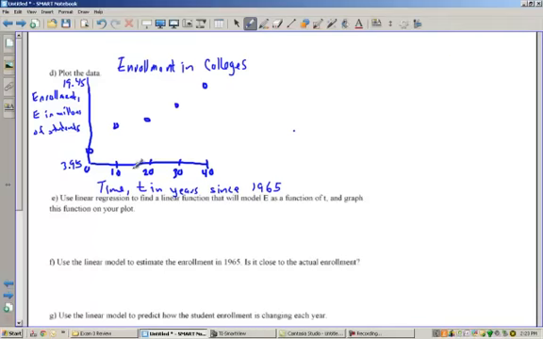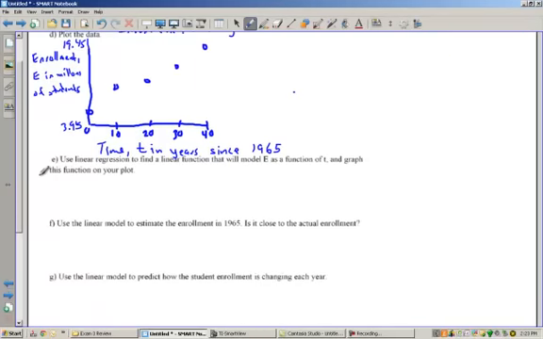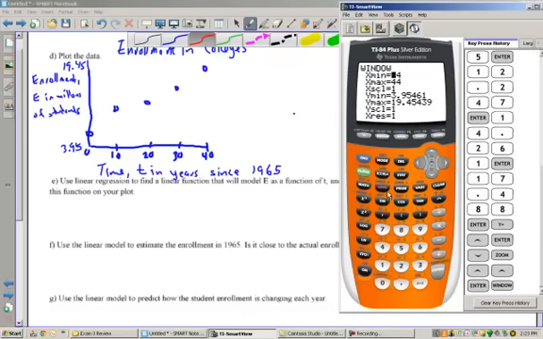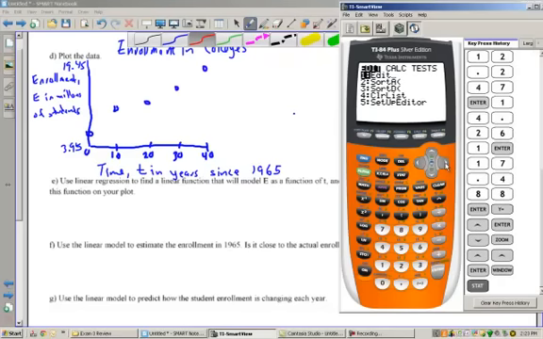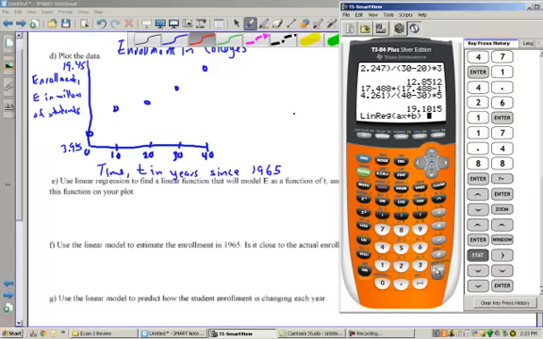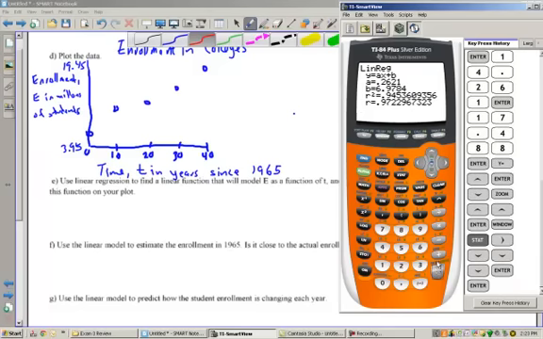Okay, and so now on the next step, it says use linear regression to find a linear function that will model E as a function of T and graph this function on your plot above. To do this, I simply go back to my calculator. I hit stat, go over to calculate, go down to linreg, and hit enter again, and out pops my answer.